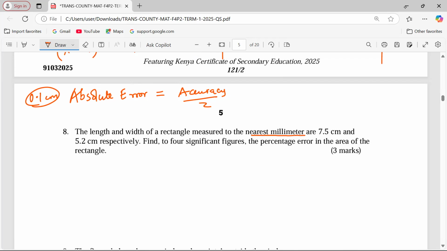If we are having whole numbers like 7, then this is an accuracy of 1, whereby we say the next can be 8, 9, 10, like that. But now with a decimal place, the accuracy is 0.1. So we take 0.1 and we divide it by 2, we get 0.05. This is the absolute error in the recording of these two dimensions.